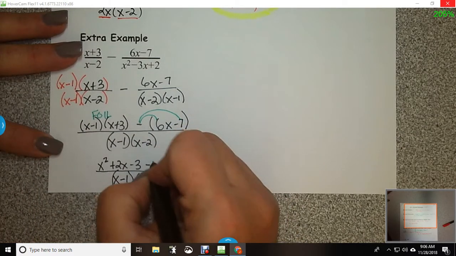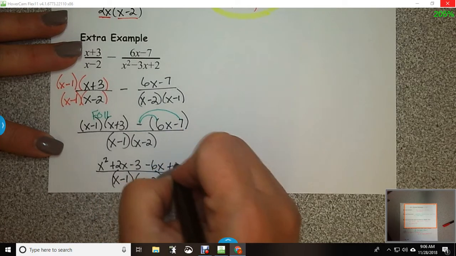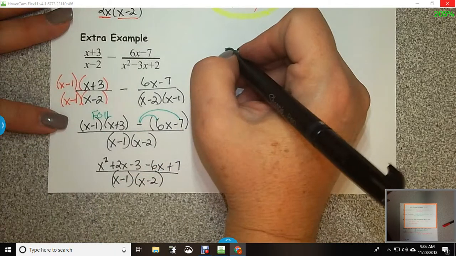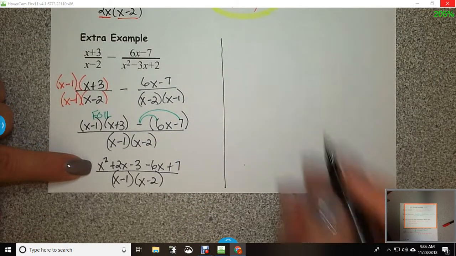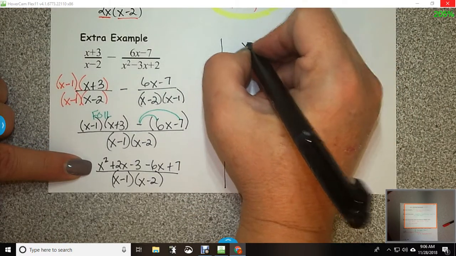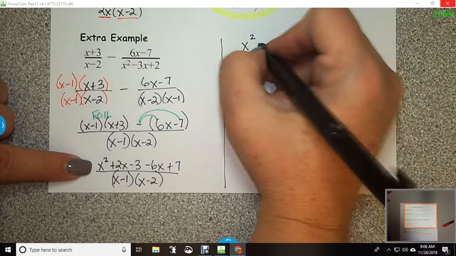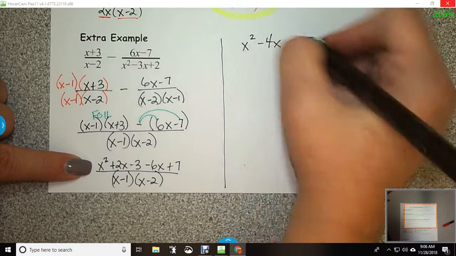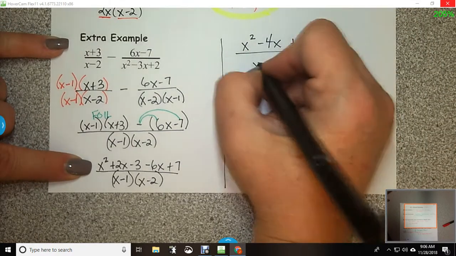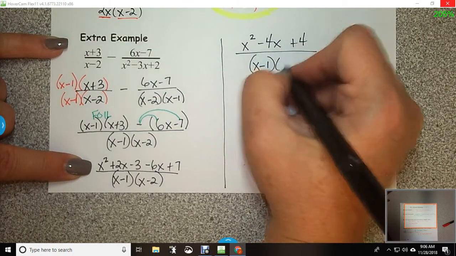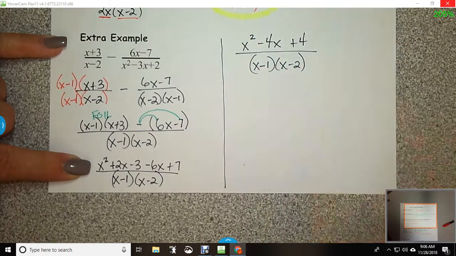So I get minus 6x plus 7. Let's go ahead and combine our like terms in the numerator. That's going to give me x squared minus 4x plus 4. On the bottom, I get x minus 1 times x minus 2.